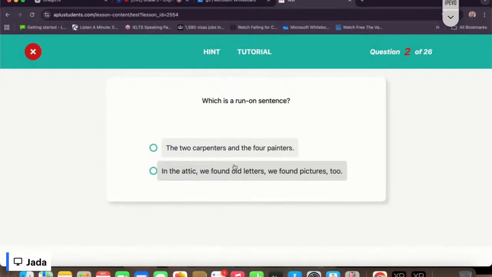All right, we have the second one because we have no idea who was riding the train. Okay? So which is a run-on sentence here? Can you share your answers with me? I want everyone to participate, okay?